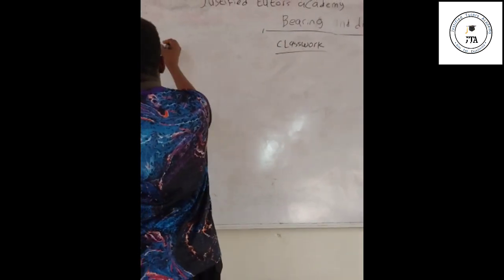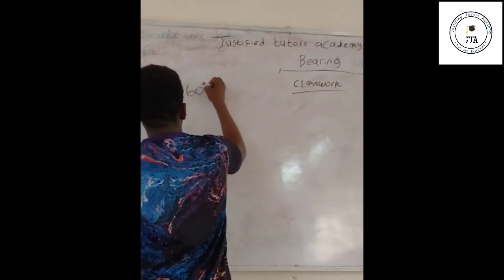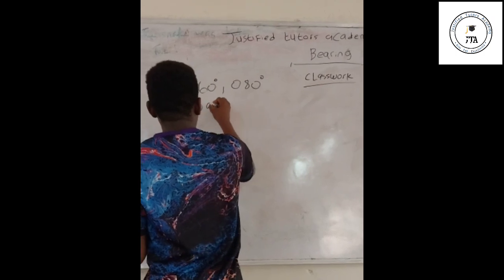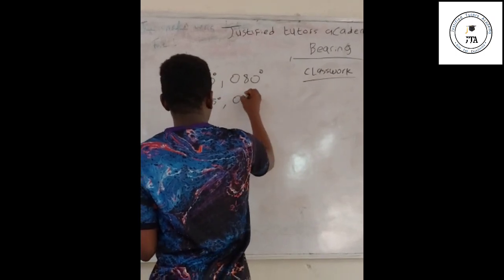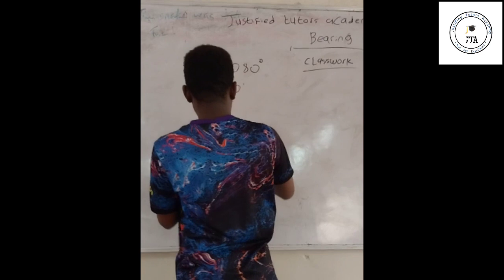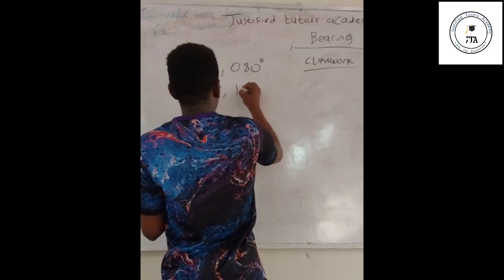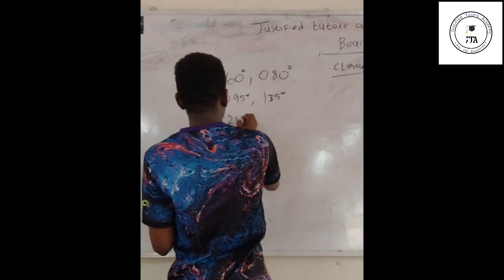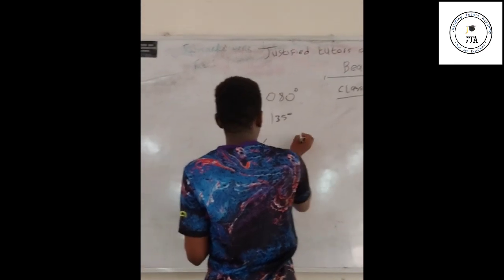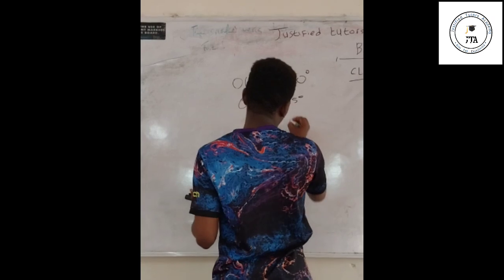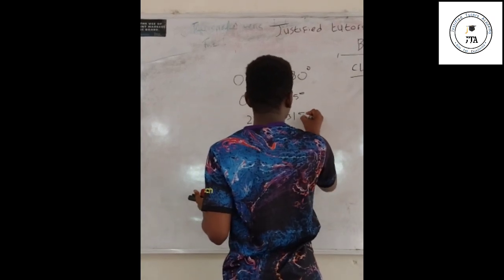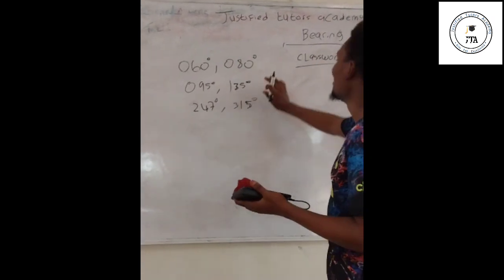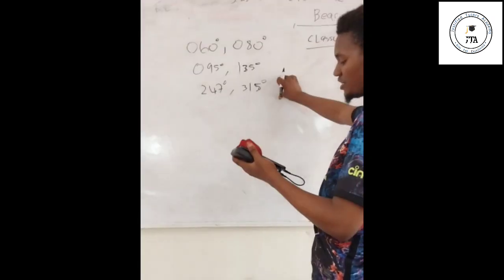They are what we call 060 degrees, 080 degrees, 095 degrees, 135 degrees, 247 degrees, let me say 350 degrees. Looking like JAMB scores, right? Don't worry. So this is what we call 3-figure bearings.